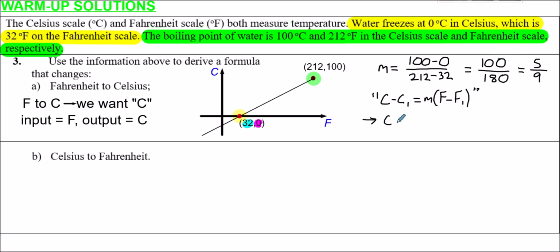So C minus C1, which is 0, equals the gradient we just worked out, which is 5/9, then F minus the known F coordinate, which is 32.